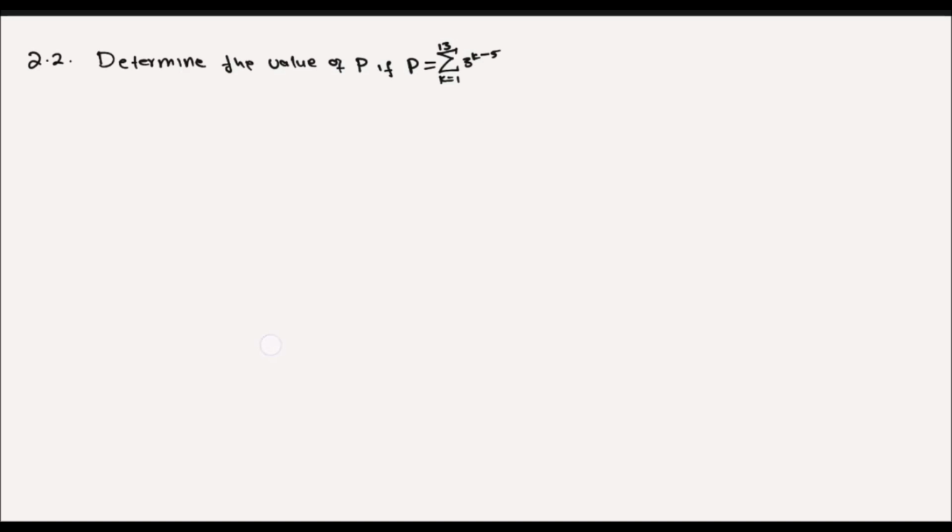Now when we do the expansion of this, our p becomes, so the first value that we plug in here is k equals 1. So that's going to be 3 to the power 1 minus 5, right? Plus 3 to the power 2 minus 5 plus 3 to the power 3 minus 5, plus, and so on, the last value is going to be 3 to the power 13 minus 5.